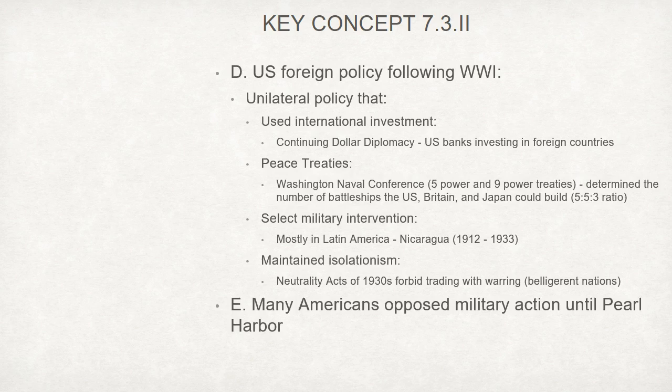This is in an attempt to keep the United States out of World War II. And so on the eve of our entrance into war, which is December 7th, 1941, I guess December 8th, 1941 technically is when we declare war, most Americans, the majority of Americans, oppose military action. Now you have to put it in the context of the time.